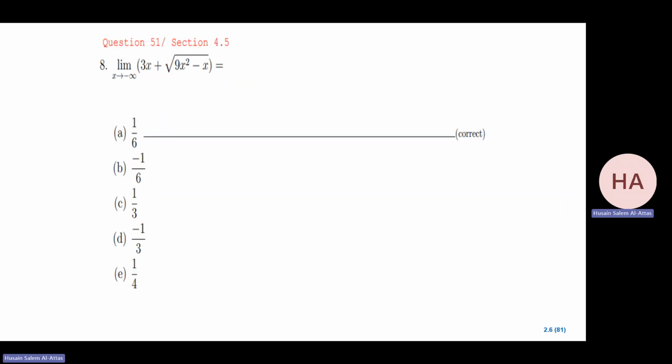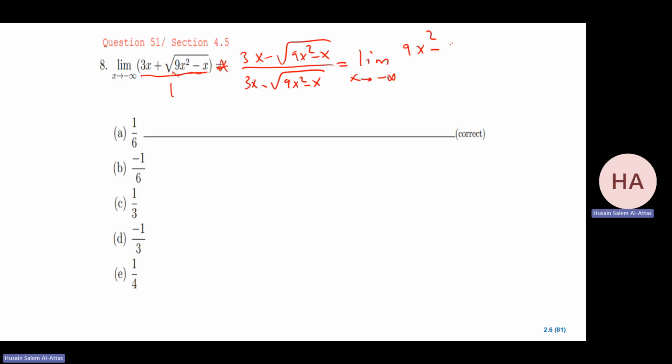You want to do this limit. If you apply it directly to minus infinity, you get minus infinity plus infinity, so we can rationalize. This is minus. So that will be the limit as x goes to minus infinity of (9x squared minus (9x squared plus x)) over 3x minus this.